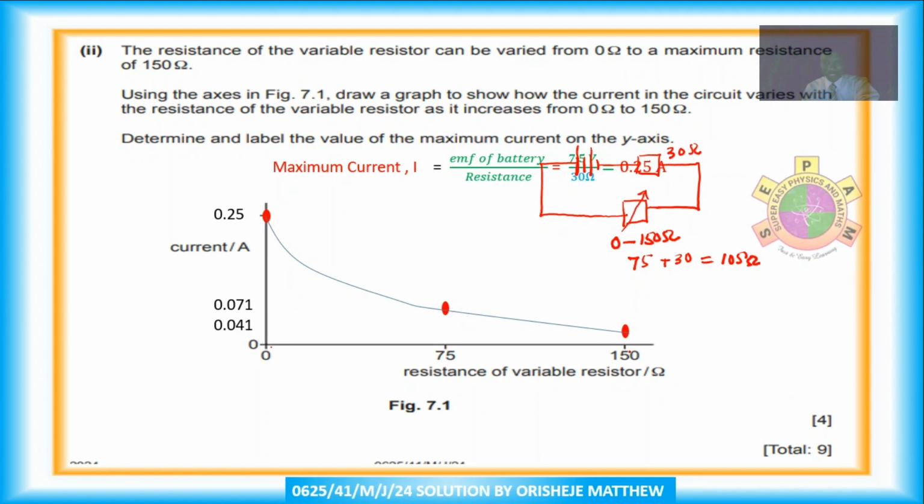Then when the resistance of the variable resistor increases to 150, the total resistance in the circuit will now be 150 plus 30, that will give 185 ohm. So 7.5 volts divided by 185 ohm will give you the current of 0.041 ampere.